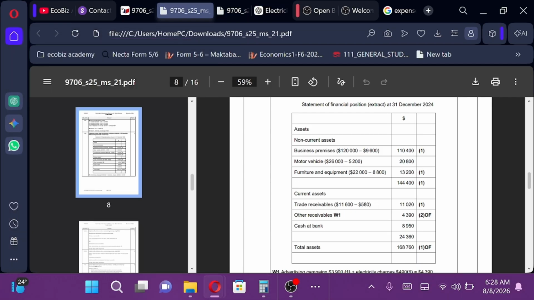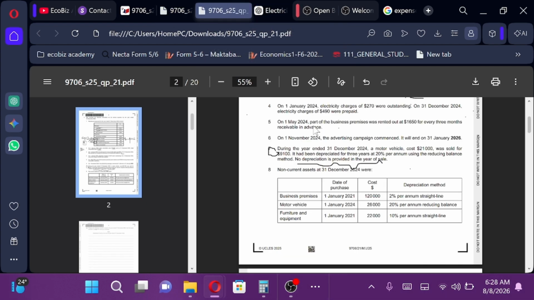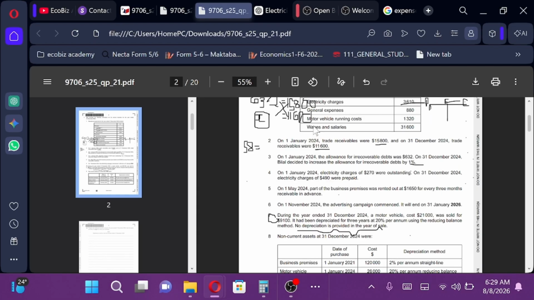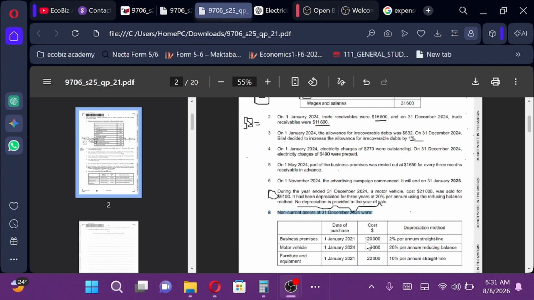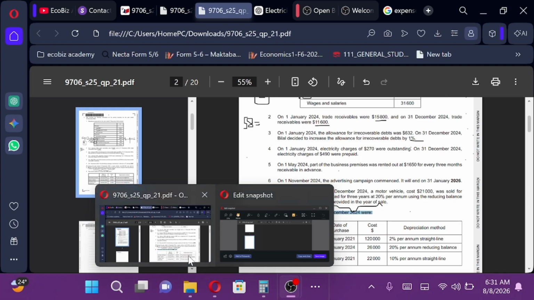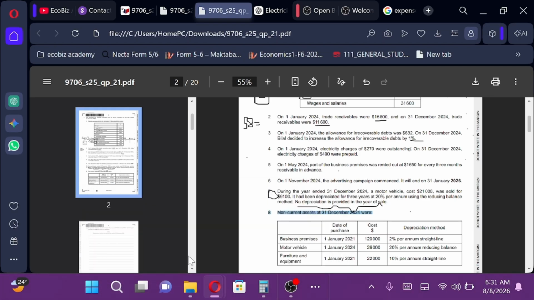Okay, now for furniture and equipment, 8,800. Let's read the additional information here. Okay, guys, so let's continue. We have seen that the amount of furniture and equipment here is 22,000, correct?